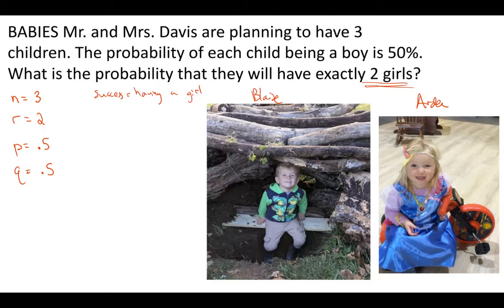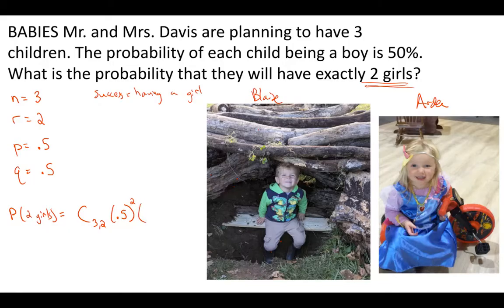I'm going to use the combination formula. So the probability of 2 girls equals the combination N choose R, so 3 comma 2. And then it's P to the R, so that's 0.5, in parentheses, to the R, which is 2.